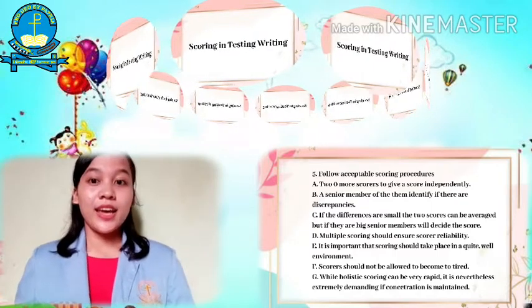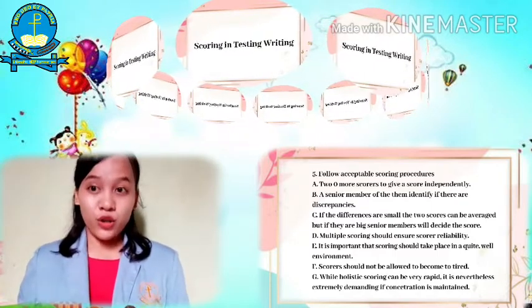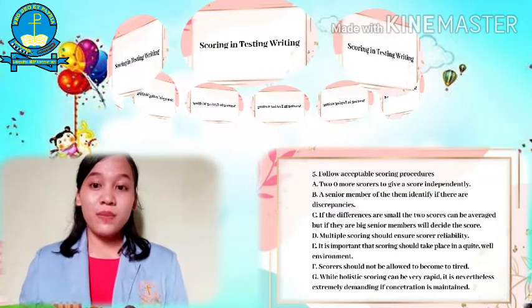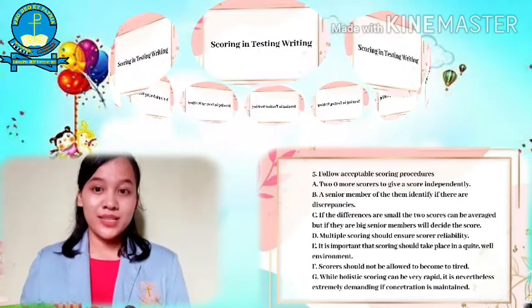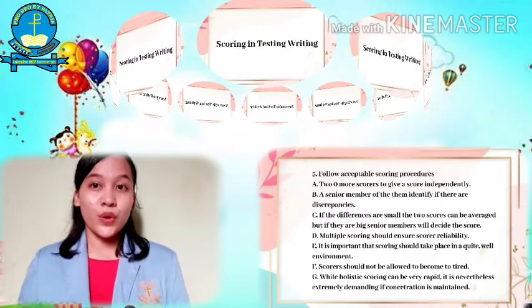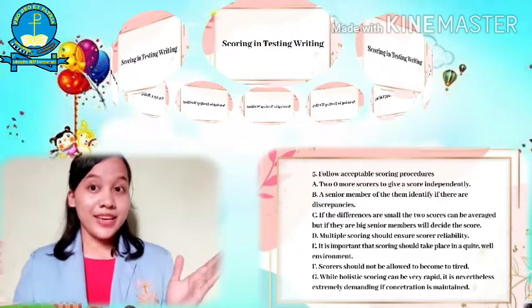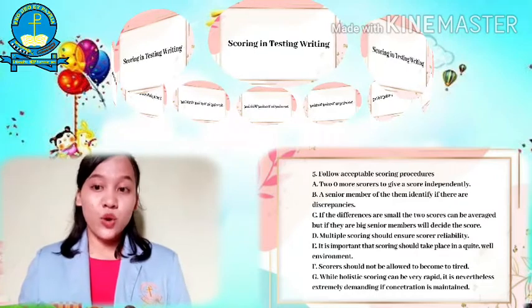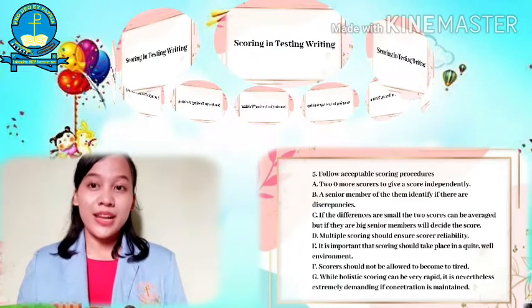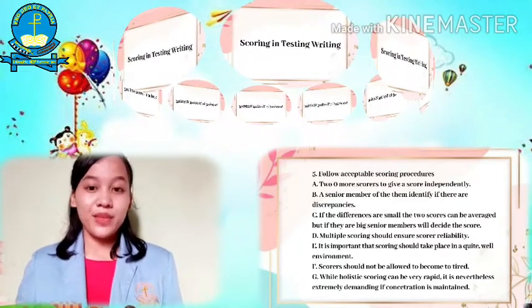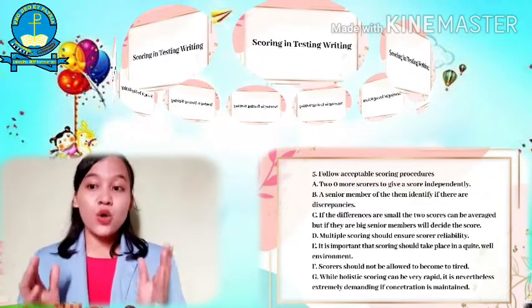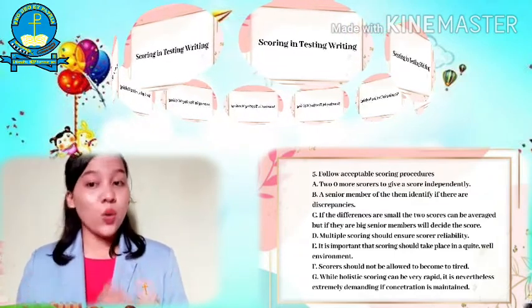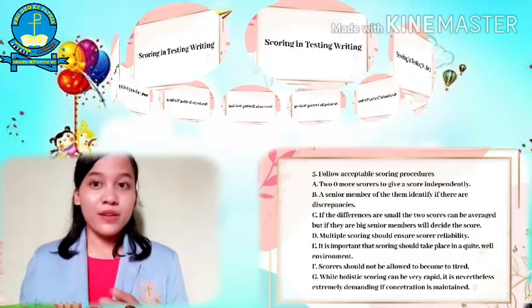C. If the differences are small, the two scores can be averaged, but if they are big, senior members will decide the score. D. Multiple scoring should ensure scorer reliability. E. It is important that scoring should take place in a quiet, well-lit environment.